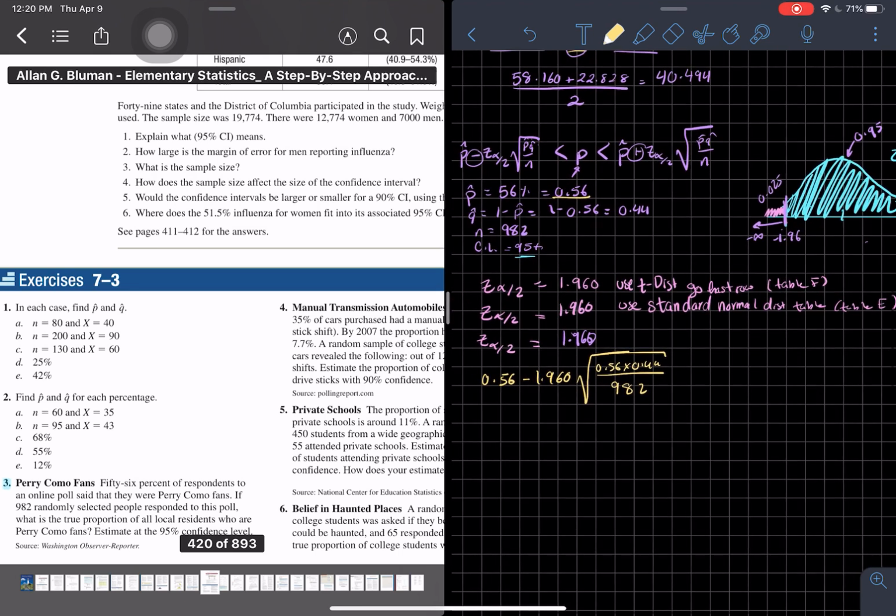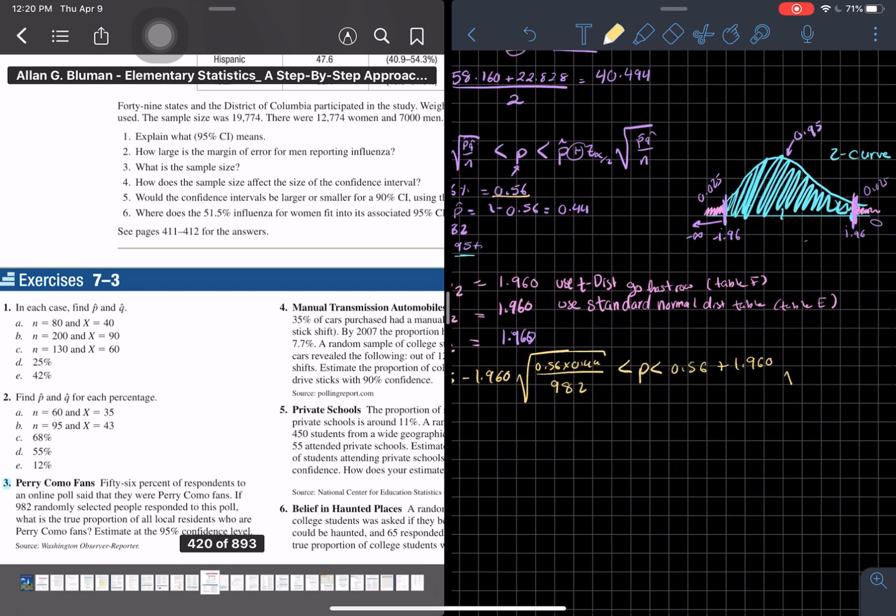And then for my proportion, it's the same, 0.56 times 0.44 over 982.